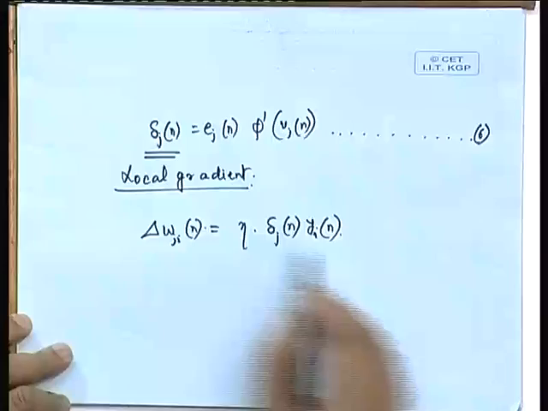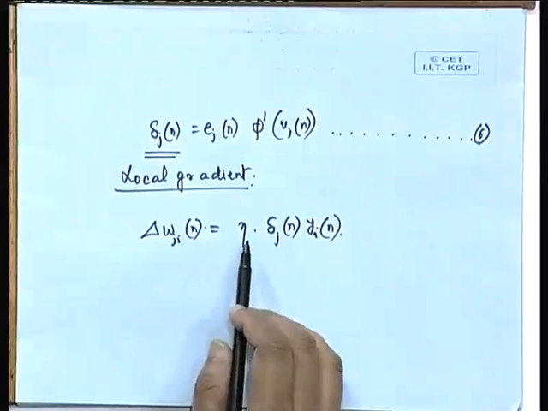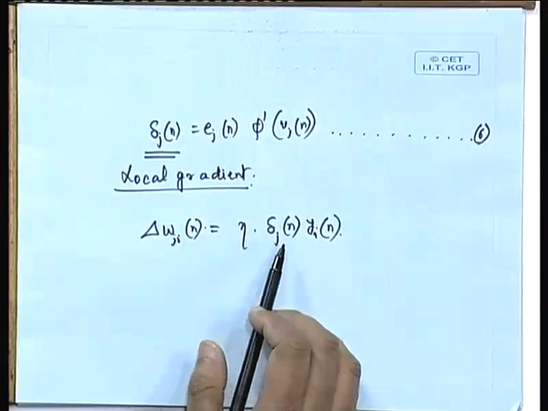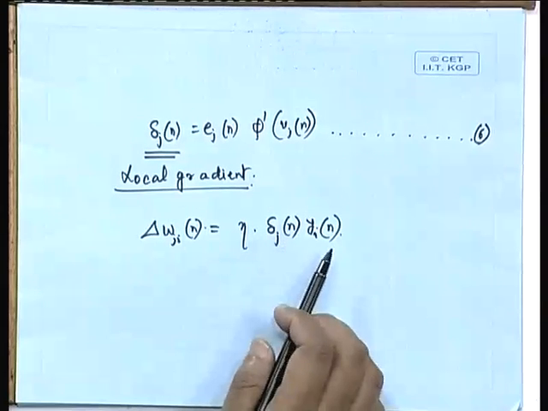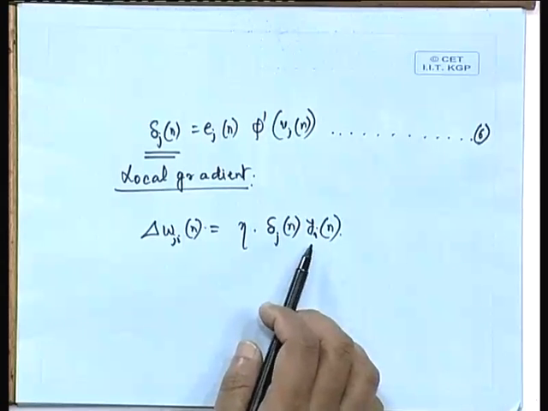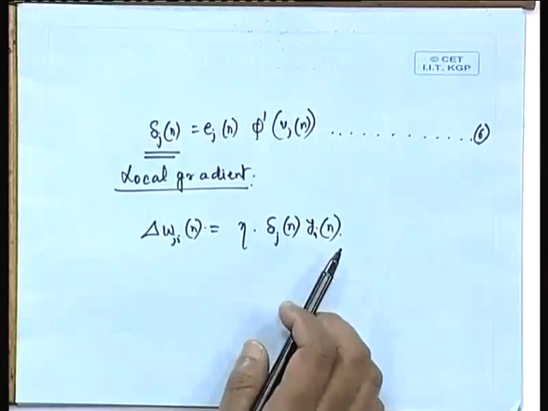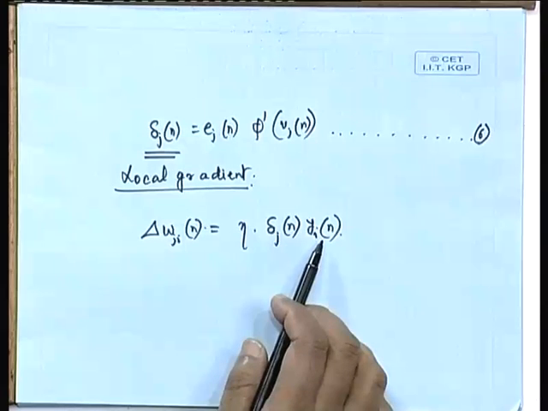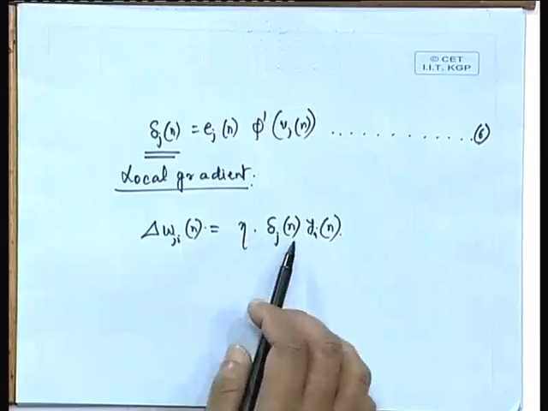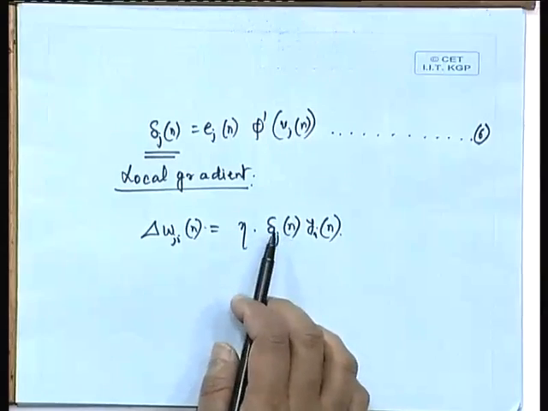So, you see, this is a very interesting equation that we have got, that is delta Wji n, the change of weight, equal to the learning rate times the local gradient, times the input to the neuron j, which is in the form of Yi n. So, since Yi n will be known, eta is a given learning rate, what we have to get is the local gradient.